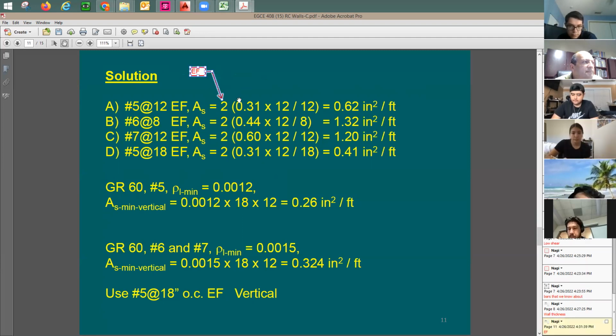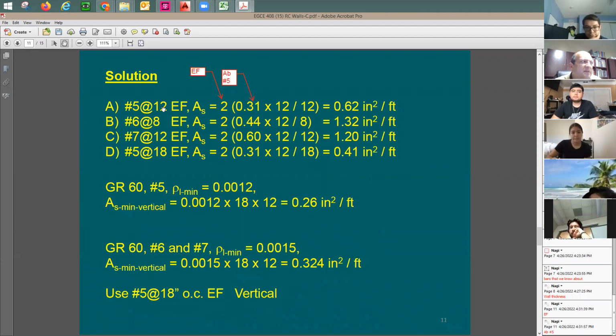What is this 0.31? Let's say 0.31 is A sub b for number 5. When you look at the reinforcing bar table, you're going to see number 5 is 0.31 square inches. Then I need to divide this by the spacing.